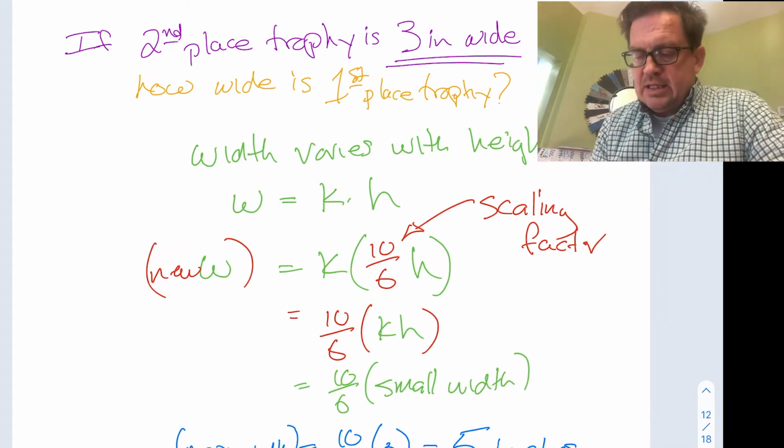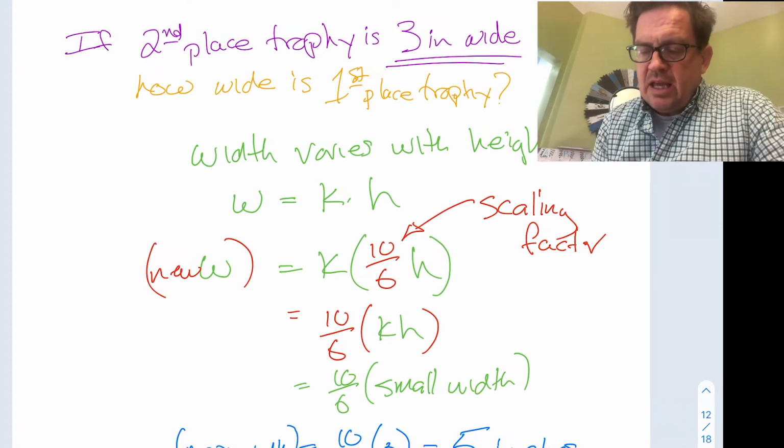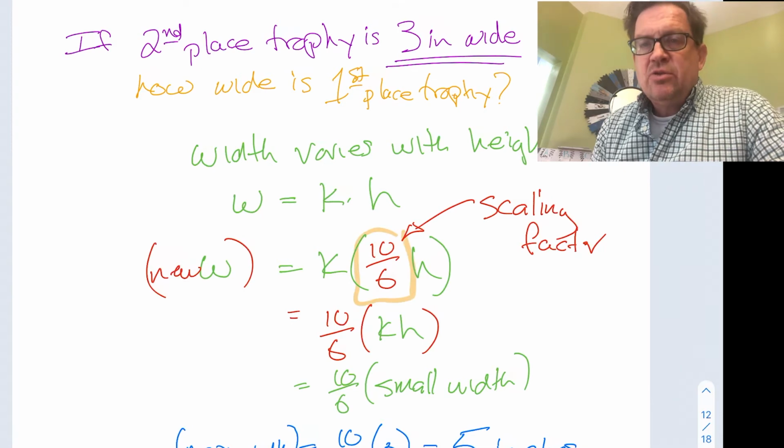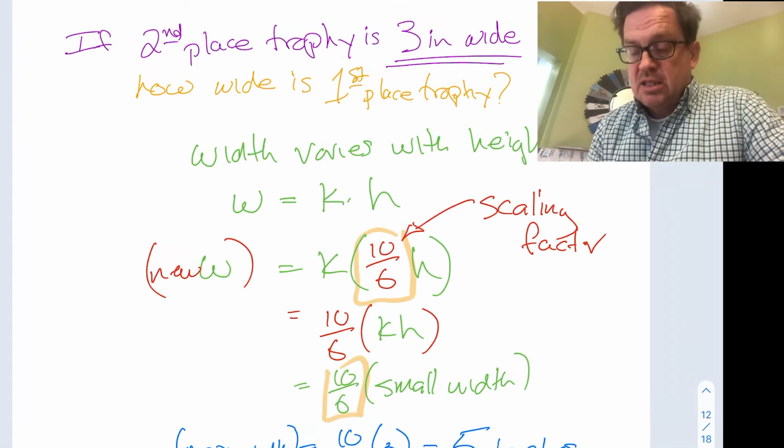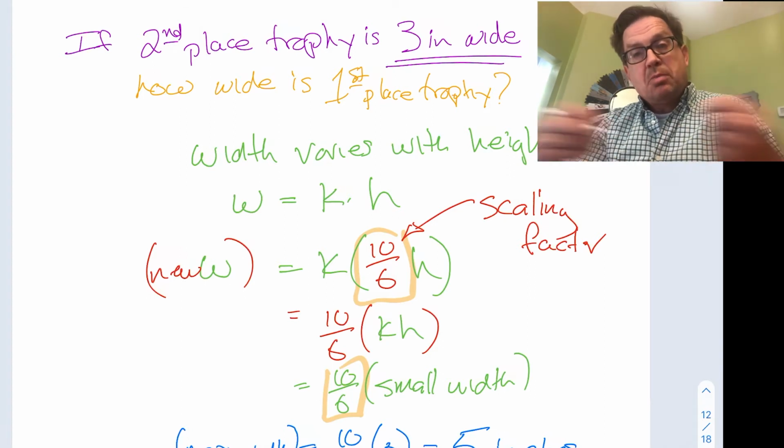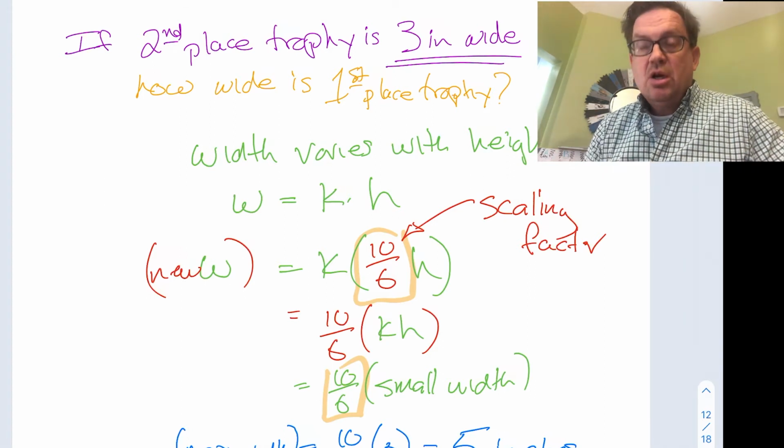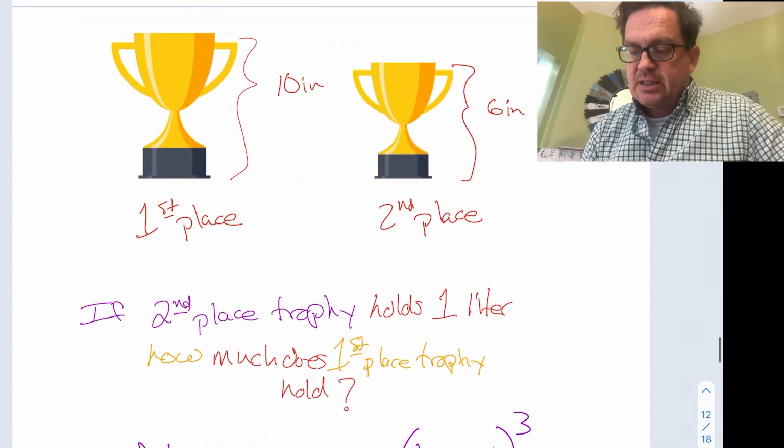But the point is, this 10/6 can factor out. If I increase the height by 10/6, then I increase the width by 10/6. They're proportional, right? So what happens in different cases?